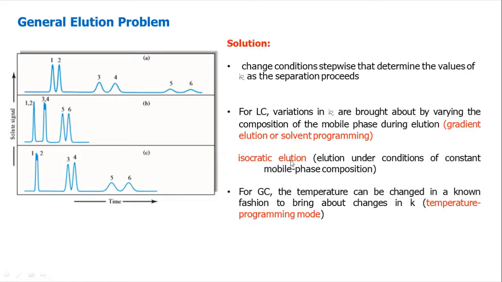Meaning sa isocratic elution is one lang gid imong gamiton nga mobile phase throughout the analysis. So for gas chromatography, the temperature can be changed in a known fashion to bring about the changes in K. So the temperature ang imuha nga i-change. So temperature programming mode.